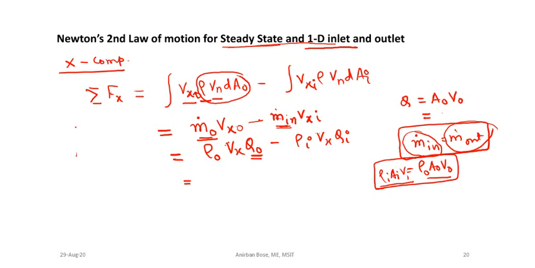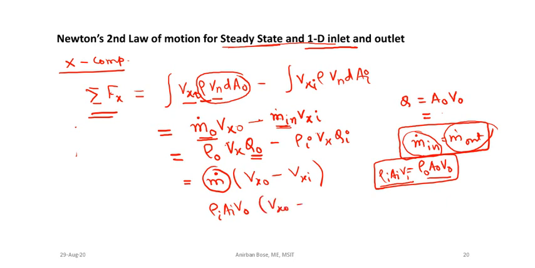So what you can write also is these as m dot O and m dot in, these are same, so you can take this m dot O or m dot in common, and you can write this as Vxo minus Vxi. So in this way you can find out what is the net force acting on the control volume along x direction by calculating this, and this m dot can also be written as either rho I AI VI or rho O AO VO. Okay, so this you can do.